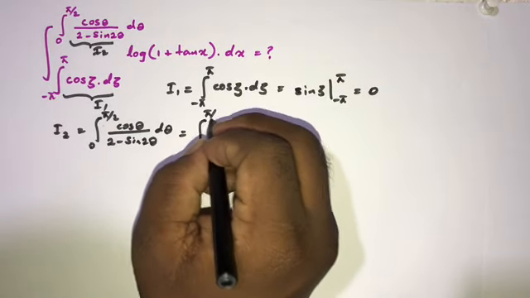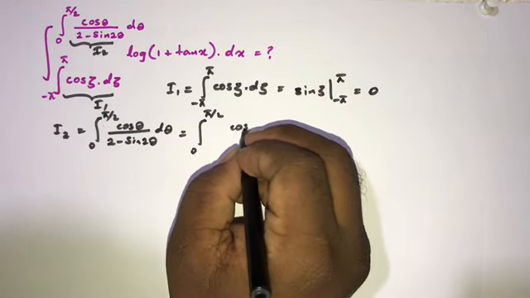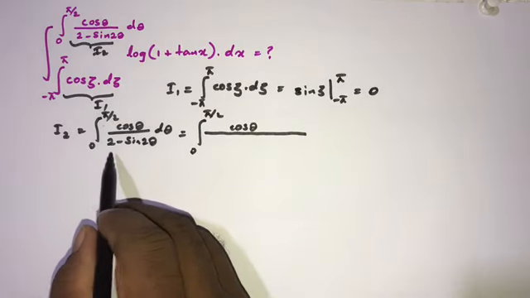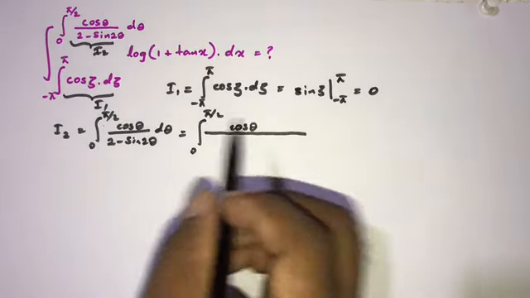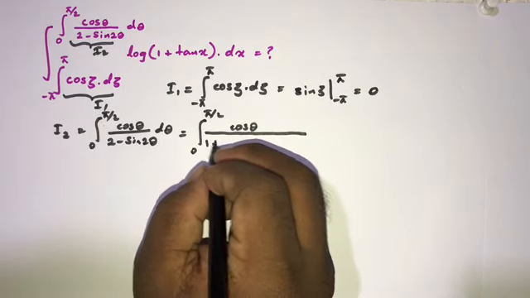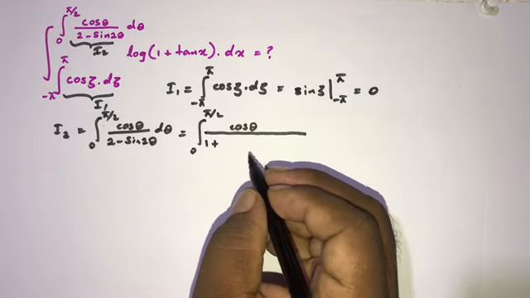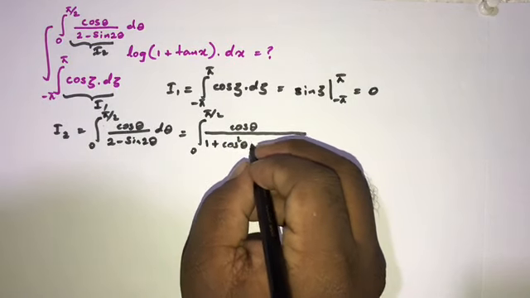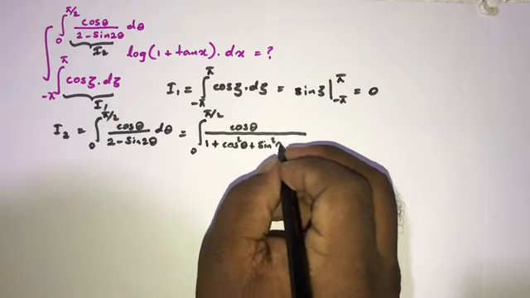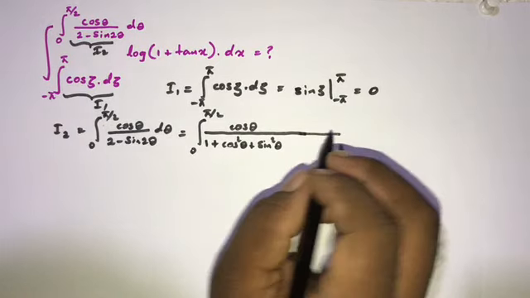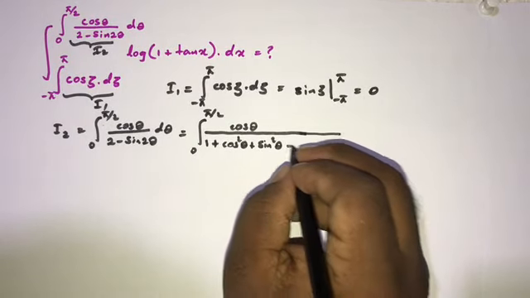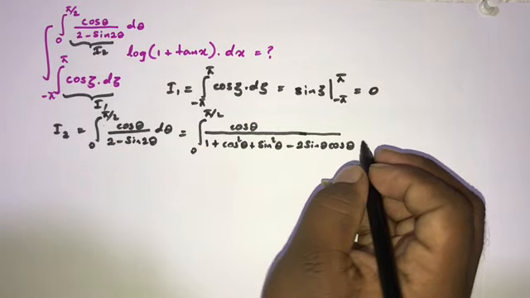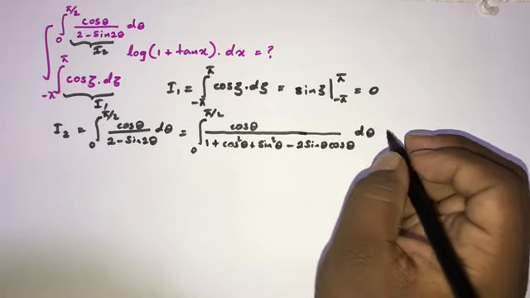First, from 0 to π over 2, here cosine of θ over, now here we have 2, so I'm going to take 1 plus 1, and instead of 1 we can take cosine square of θ plus sine square of θ, and we know the double angle formula. So here 2 times sine of θ cosine of θ dθ.